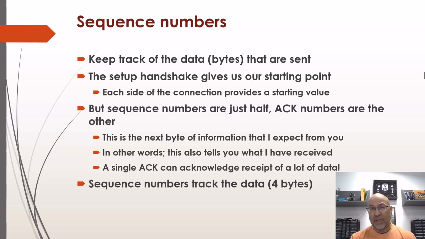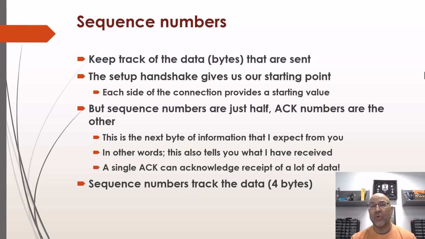Now, the last note that I'll make here is that a single ACK can acknowledge receipt of a lot of data. So you could send me a series of packets, and with a single packet with an acknowledgement number, I can say, yep, I got all the data. So let's say you send me 1,000 bytes, and another 1,000 bytes, and another 1,000 bytes. So you've sent me 3,000 bytes.